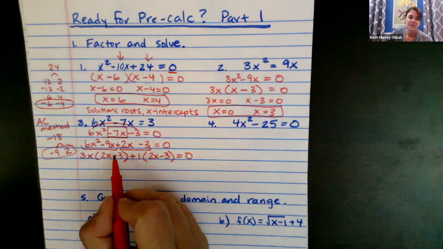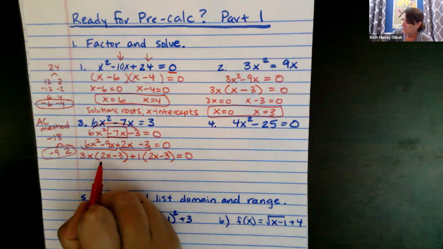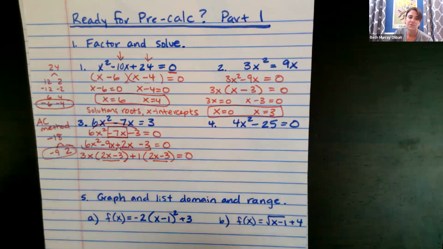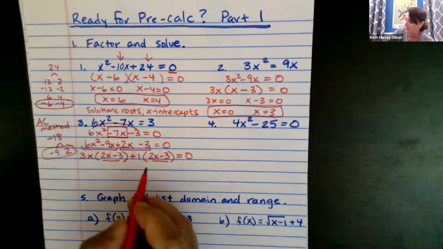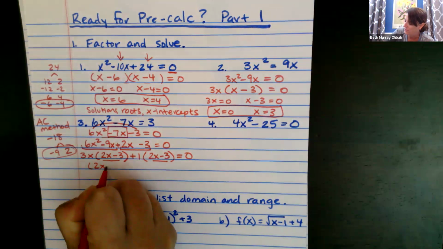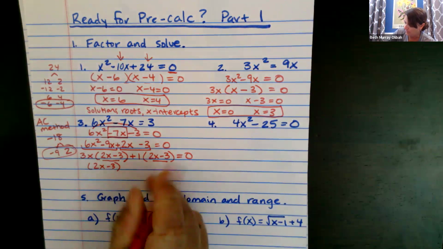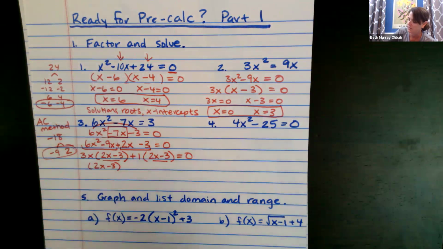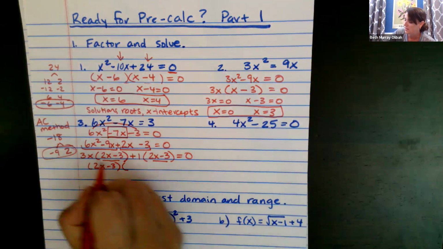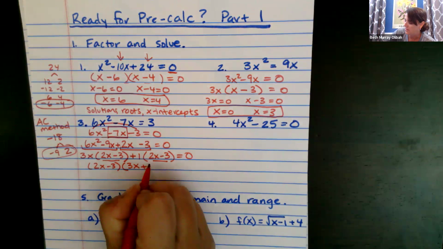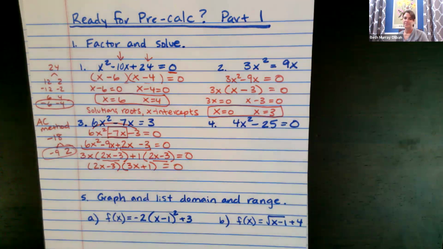And then if your parentheses match, you're good, because then that means you can go one more step to get to the final factored form. Since they both have the 2x minus 3, I can pull out the 2x minus 3 from both. So you pull it out from both, writing it once. And then what was in front of each one is your second parenthesis.